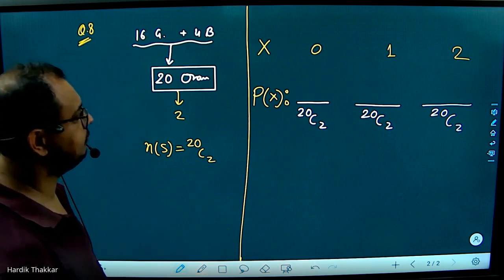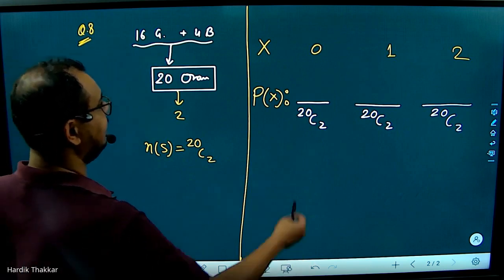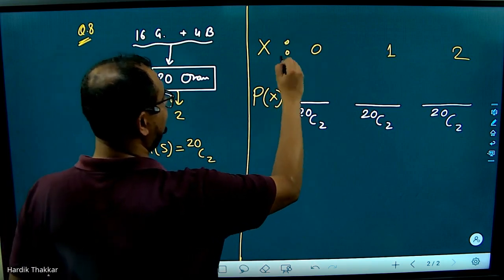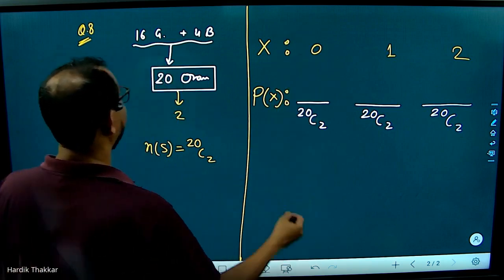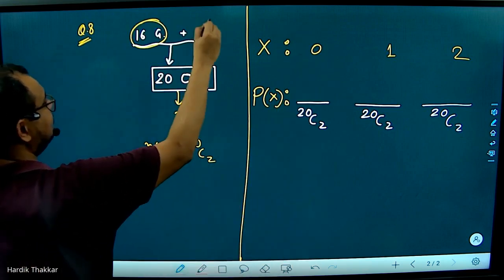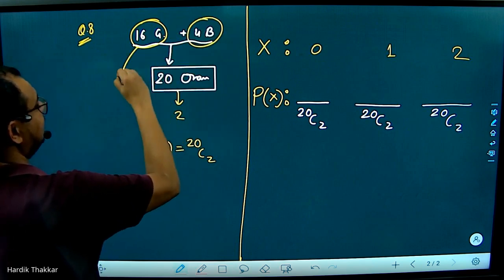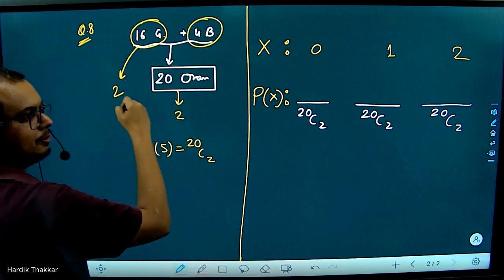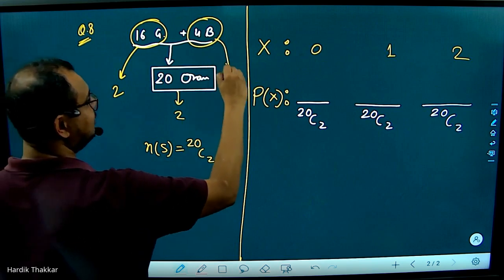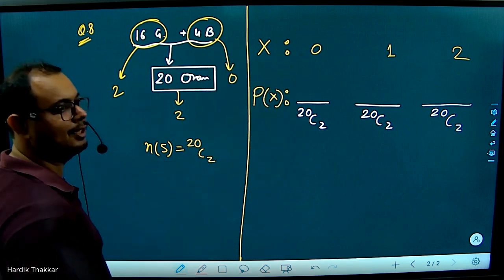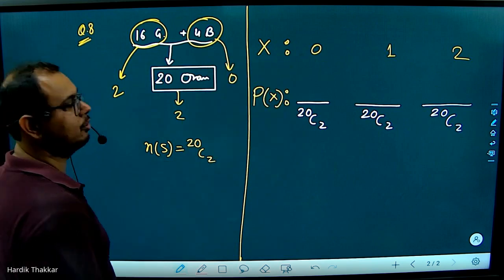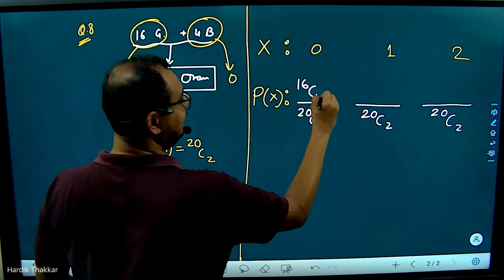No, look, here it says that zero bad oranges are selected. So we can select the oranges from these two groups. Now the favorable outcome is two oranges selected out of 16, whereas zero oranges selected from the bad ones. This is how we will get zero bad oranges, correct? So the numerator will be 16C2.